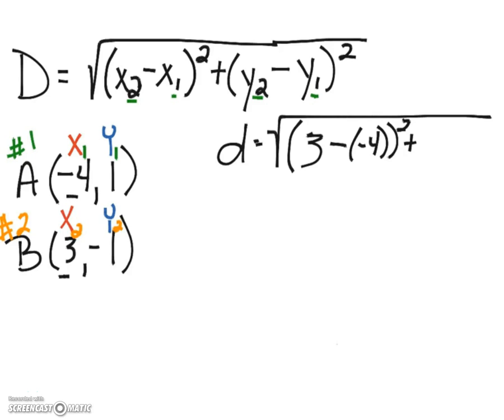And remember that negative 4 came from here because that's our x1. And then we have parentheses, y2 is negative 1 minus y1 is just 1. Okay, so, and we have to square that.